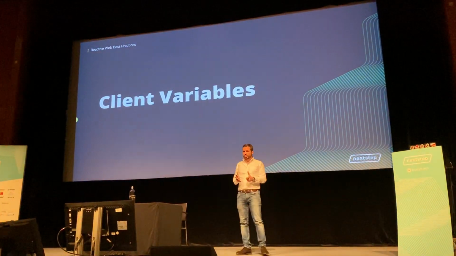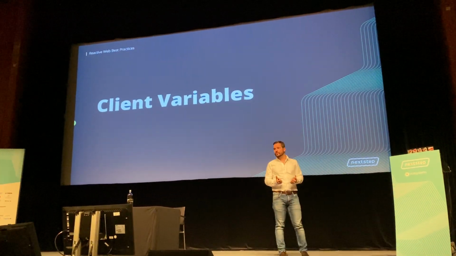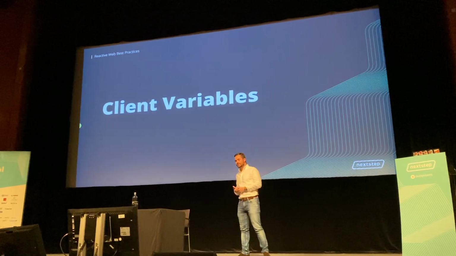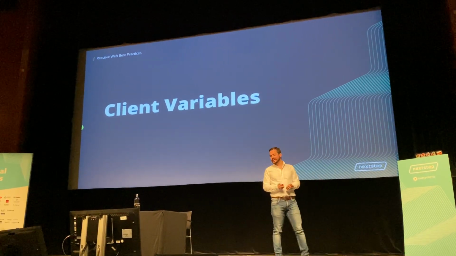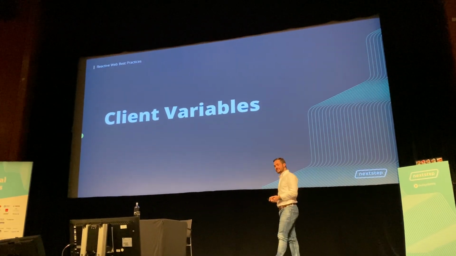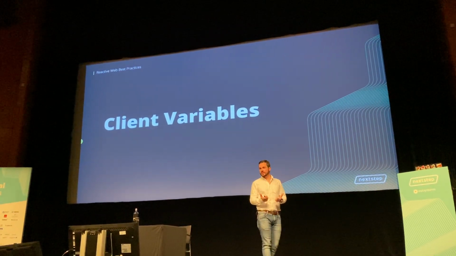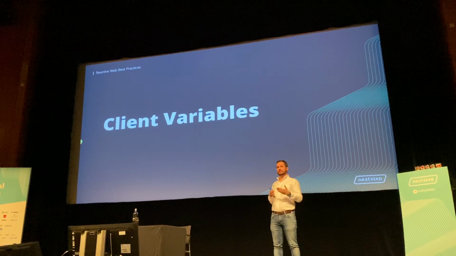So moving forward, something really cool, also for those who have been writing JavaScript in mobile apps like me for the past three years: we now have client variables. This is something really important, not only for web, but also for mobile.